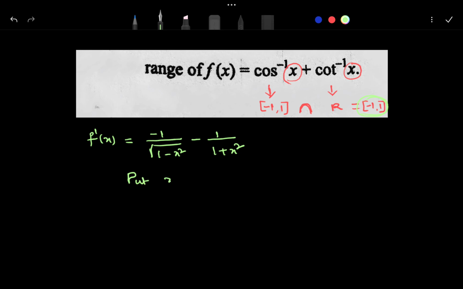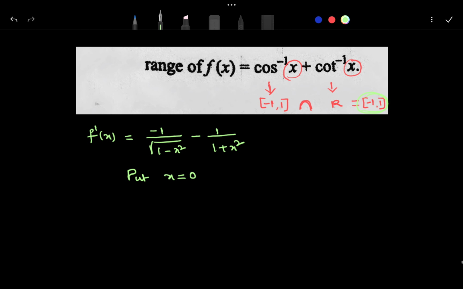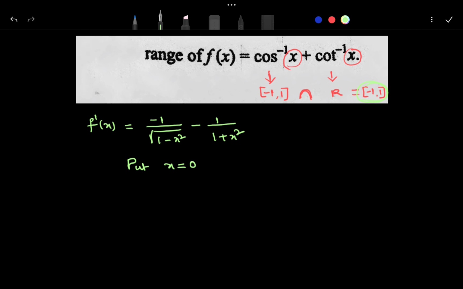For our convenience you can take any value, but be very careful. After you substitute this value, f dash of 0 is -1 minus 1, which is equal to -2. It is less than 0.